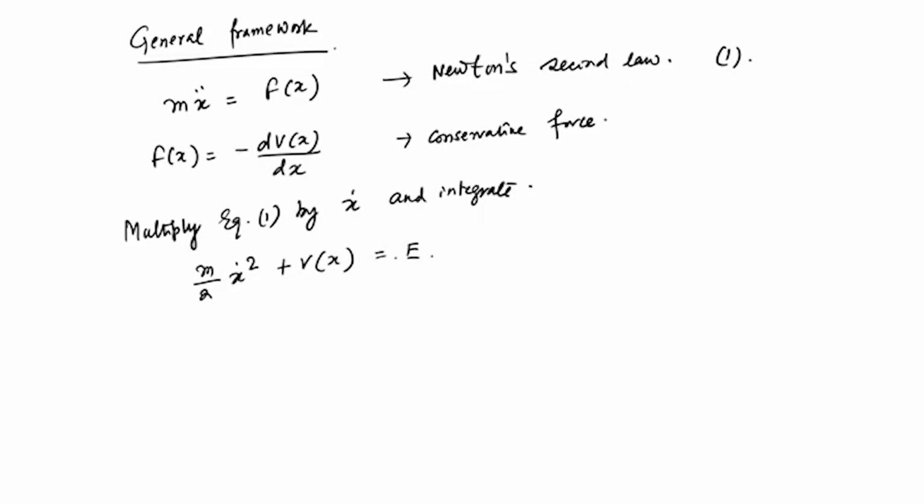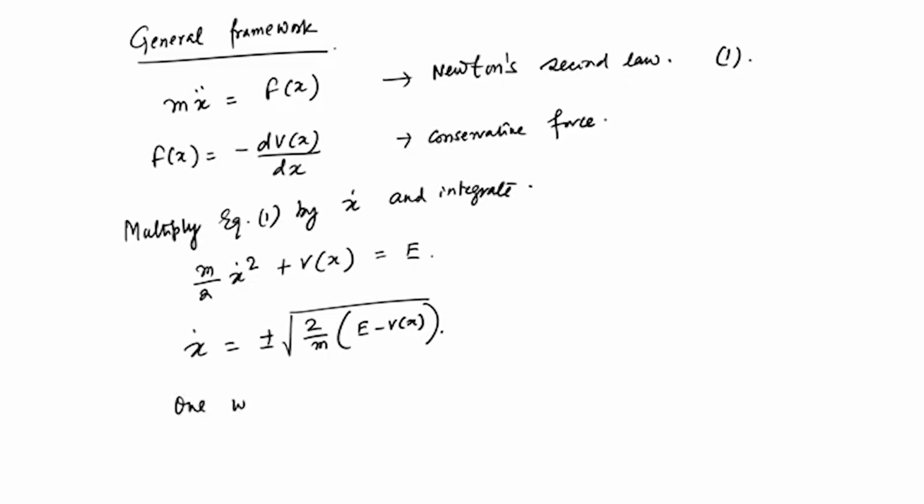And if you need to solve for this, we get this equation, and this equation can be solved for, where you write this as 2 over m (E minus v of x). Okay. So, if you can solve this for a given value of v, then you will be able to get x as a function of t, and that is what you want.